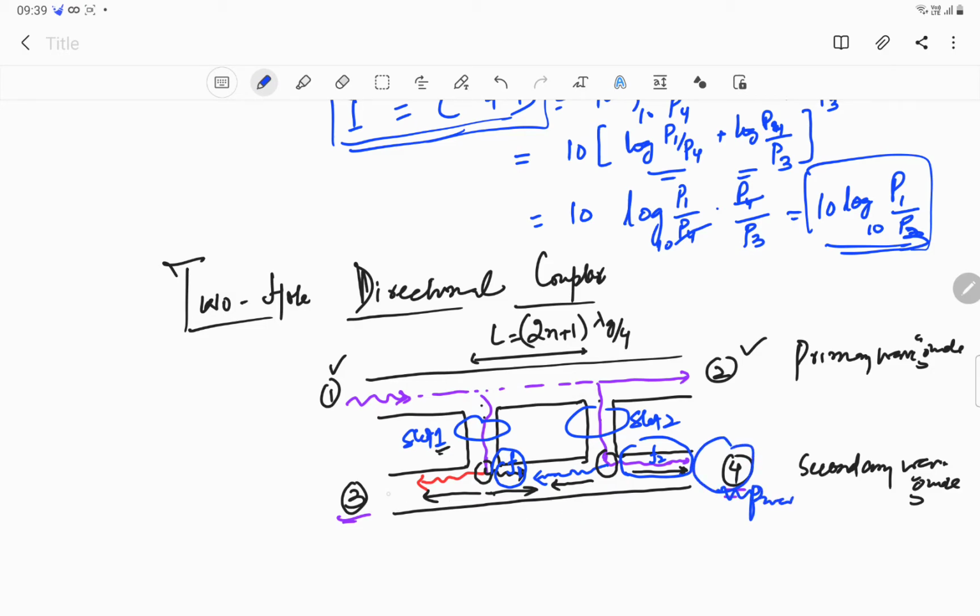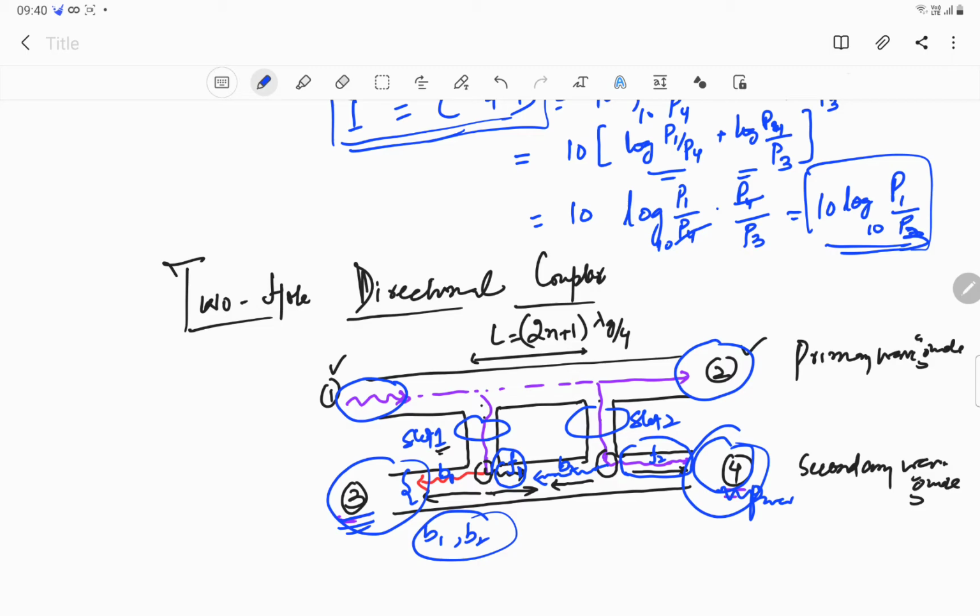Now what happens at port number 3 is that the backward waves, let this be B1 and let this be B2, when they reach port 3, they reach out of phase. So these backward waves B1, B2 cancel out and we don't receive anything at port 3. So this is what we said earlier, that if I feed a signal at port 1, we don't receive anything at port 3, but yes, we receive energy at ports 2 and 4.